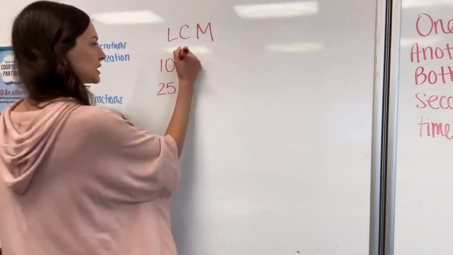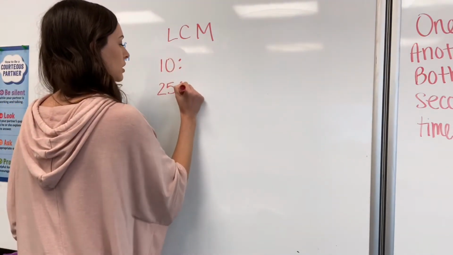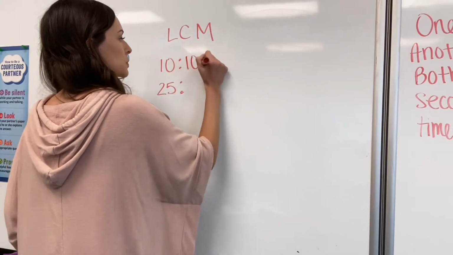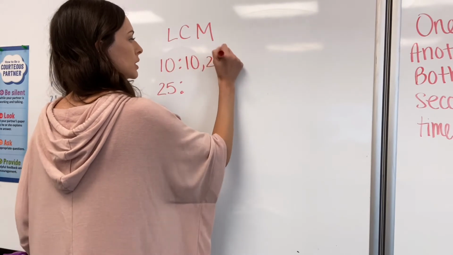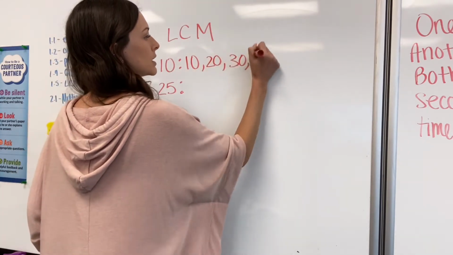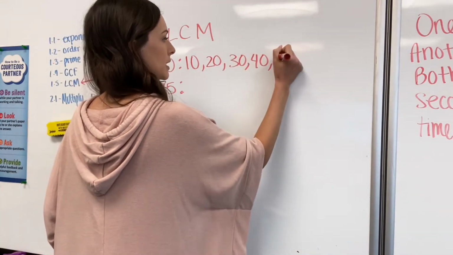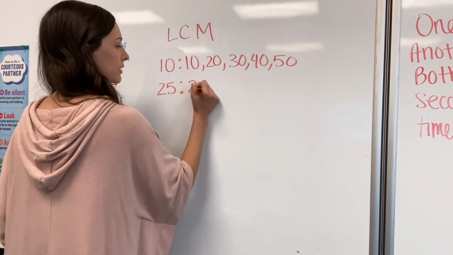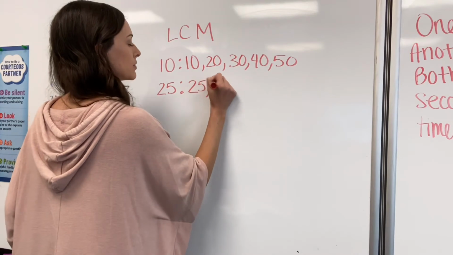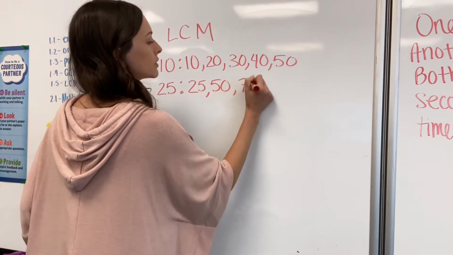All right, so I'm going to list out the multiples of each number. The first multiple of 10 is 10 times 1, 10 times 2, 10 times 3, 10 times 4, 10 times 5. We're going to do the same thing with 25. 25 times 1, 25 times 2, 25 times 3.